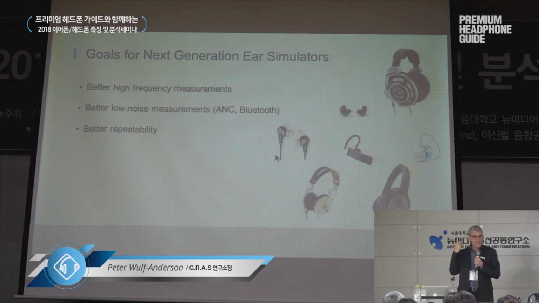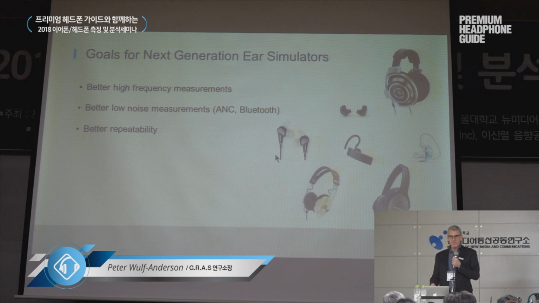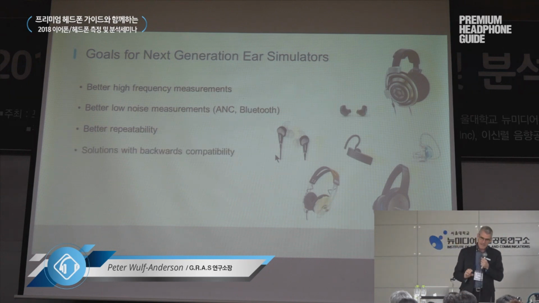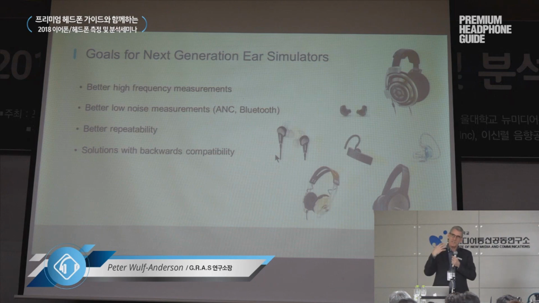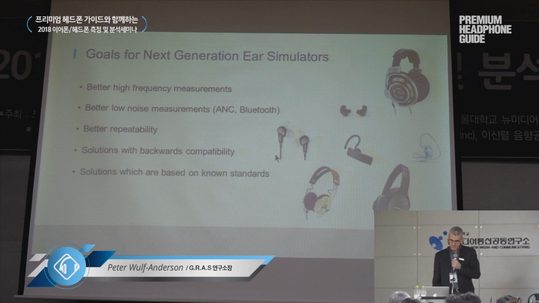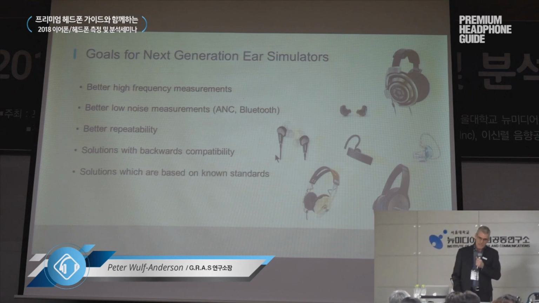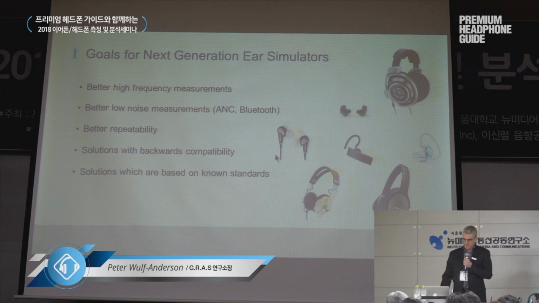We would like it to also give us better repeatability, so we can repeat the measurements we do. And optimal would also be that it was backwards compatible, so we can still compare our measurements with older measurements we did yesterday.